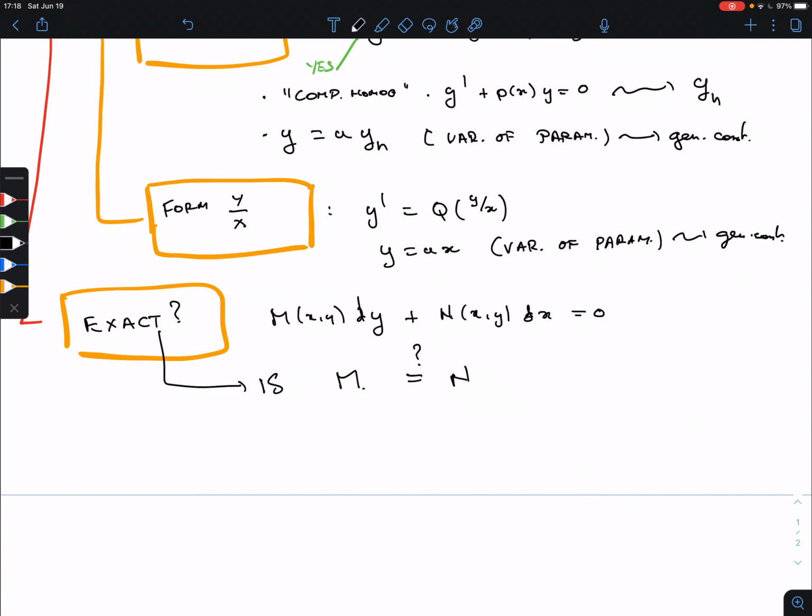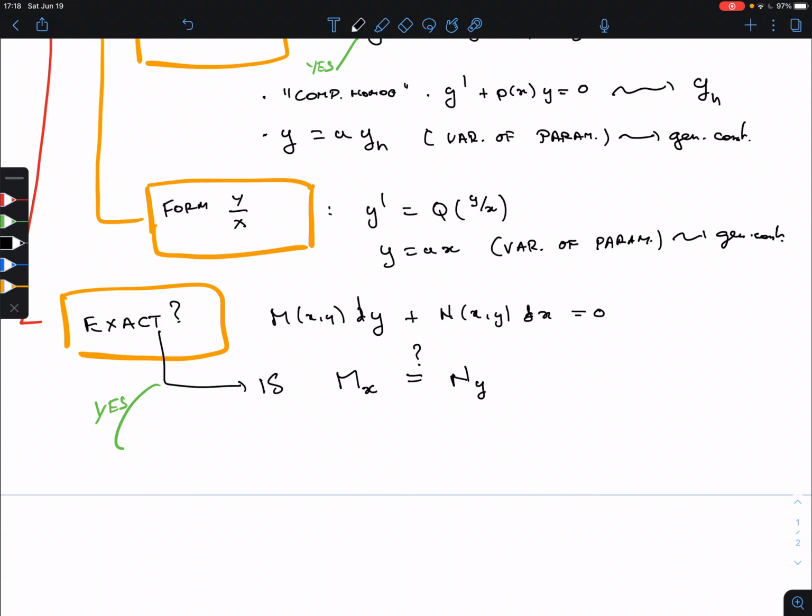It's the partial derivative with respect to x of M, is that equal to the partial derivative of N with respect to y? So it has to be the other variable. If the answer is yes, good. If it's no, then it's hopeless, or look again, because it must have been something else. Okay, if yes, what do we do then?